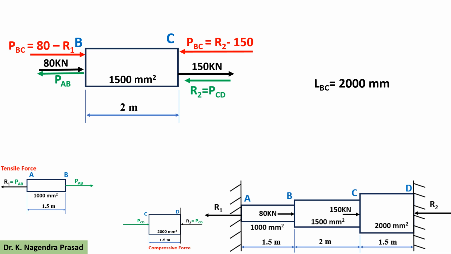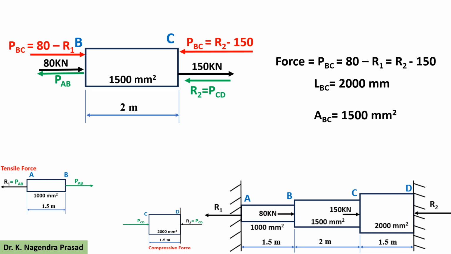The length of portion BC is 2000 mm and force PBC equal to 80 minus R1, which is also equal to R2 minus 150, and the cross section area of portion BC is ABC equal to 1500 mm square. Here observe the nature of the forces is compressive.